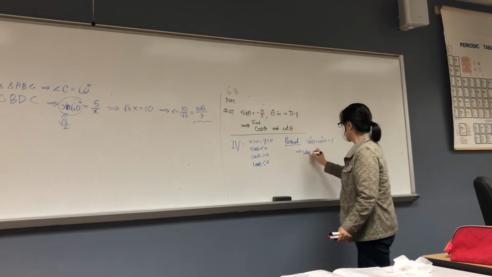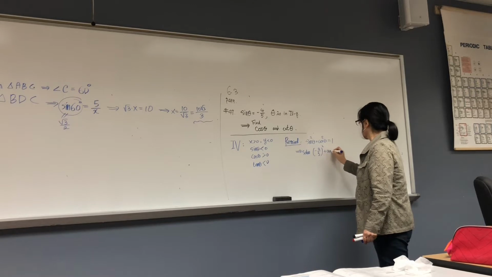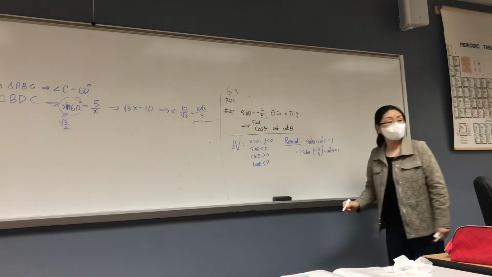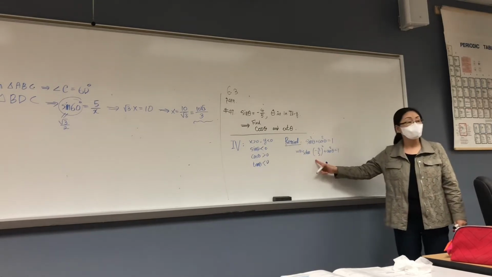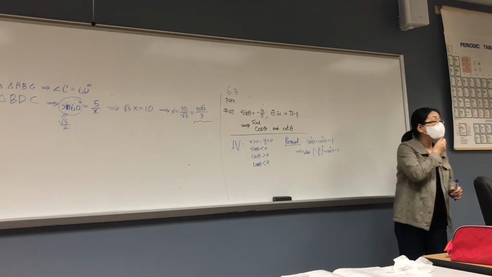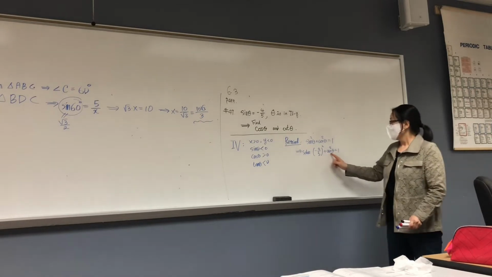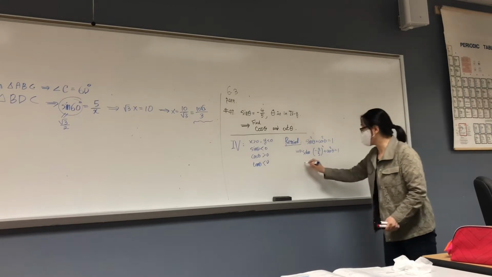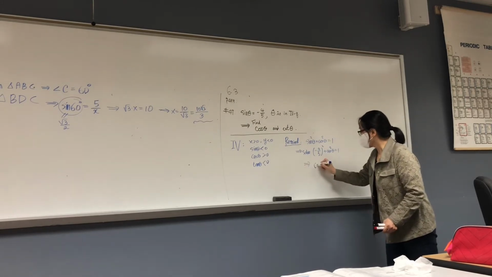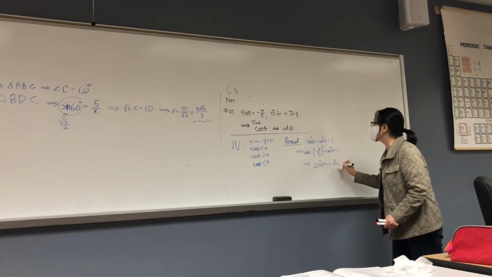What is negative 4 over 5 squared? 16 over 25. Good. So, isolate cosine squared, move this one to the other side. And then what do you have? 9/25. Good job.